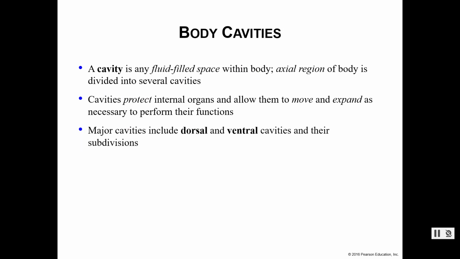Alright, speaking of cavities, okay, you do have fluid-filled spaces in your body. They're meant to help you protect your internal organs. They move and expand as we breathe and digest, things like that. And we have two main categories, dorsal cavities and ventral cavities, and then we further subdivide.